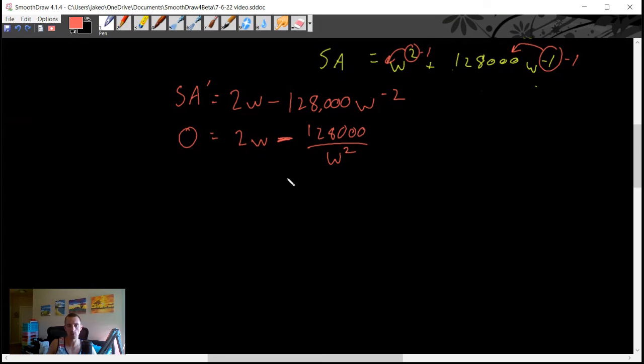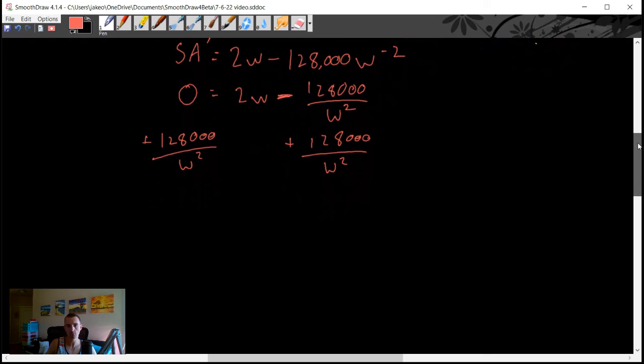So first thing we'll do, we'll add 128,000 over W squared to both sides. Okay, then we can multiply both sides by W squared so that we can get rid of our fraction and just have everything on one line, basically.